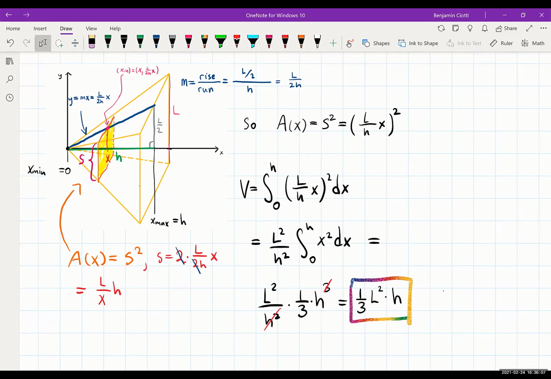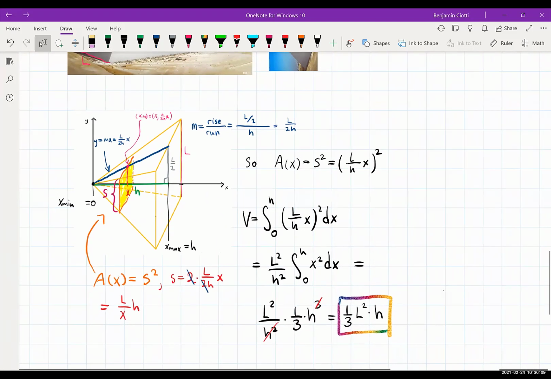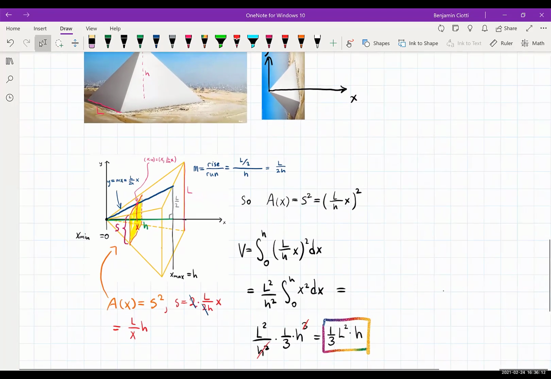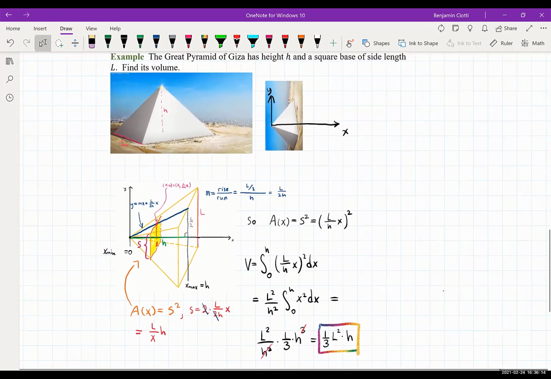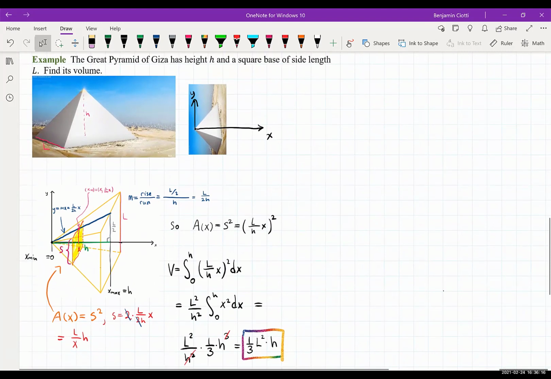All right, any questions? Would you say that this is a problem that you would most likely give us, since there are no actual values given? Good. Although I would probably give you the Sphinx, not the Pyramid of Giza.